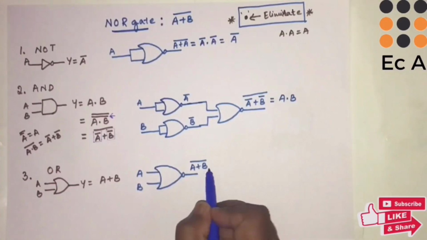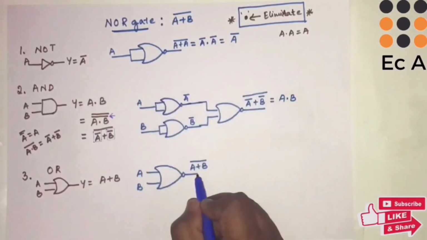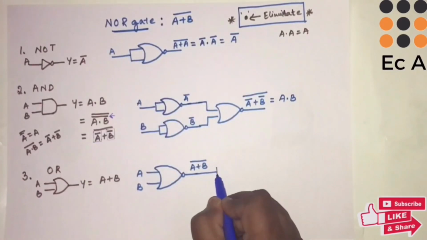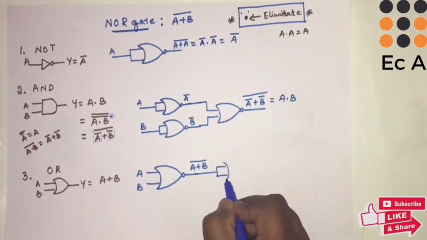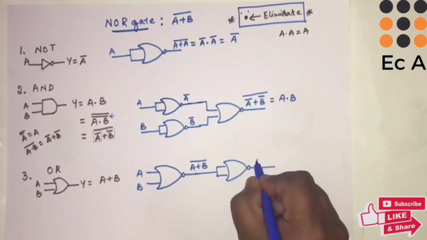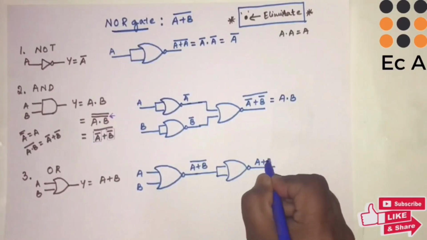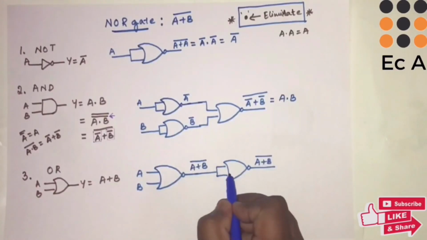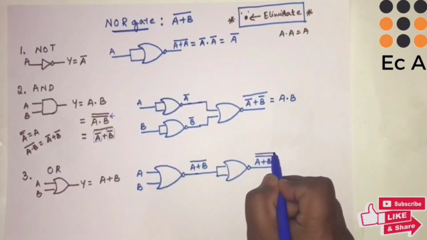So to complement this term we can use a NOT gate at the output. So at the output use a NOT gate. So we will get the complement of this term. So which means we will get A plus B whole bar, bar. So due to NOT gate we will get one more bar.